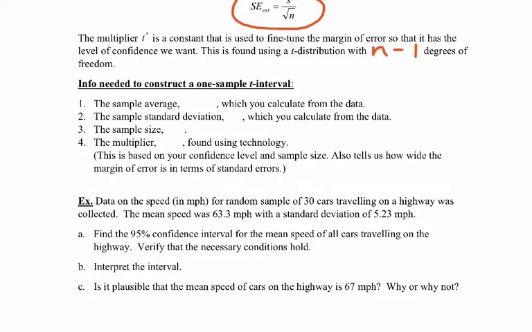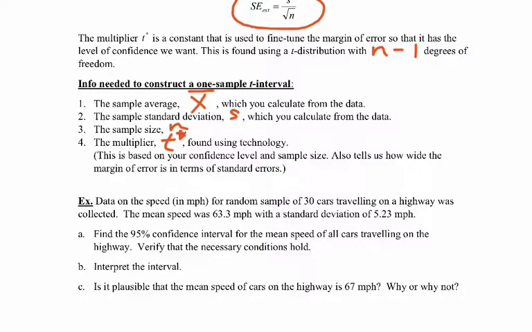I know there's a lot of information here. So, info needed to construct a one sample t interval. Our sample average, x bar, which you calculate from your sample data, the sample standard deviation, s, which you also calculate from your sample data, the sample size, of course, is n, and the multiplier t star, which we're going to use StatCrunch to help us get.